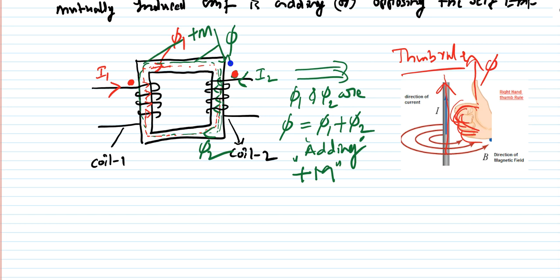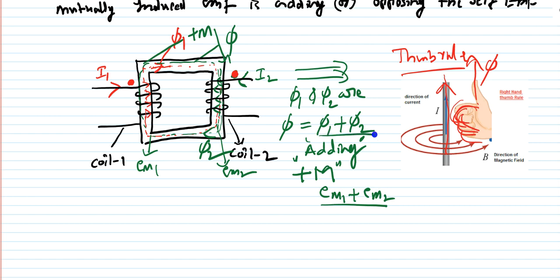Therefore, what about your induced EMF? The mutual induced EMF due to this coil, EM1, and the mutual induced EMF EM2, both are adding here. So how could you know this?